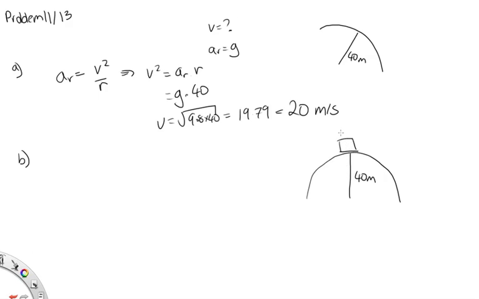Well, when the car's here, we've got gravity acting down on it, but we also have the radial acceleration. AR is equal to g and FR is equal to mg. So these will cancel out. So at the top of the hill, objects in the car will appear weightless, as there's no force acting on them in the vertical direction.